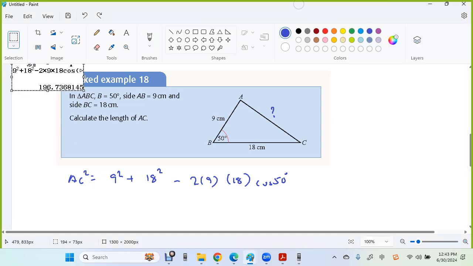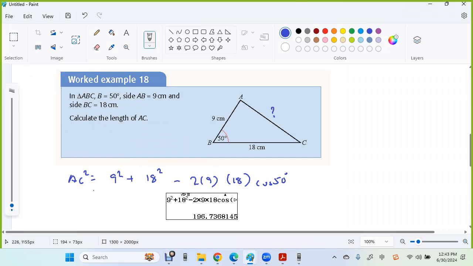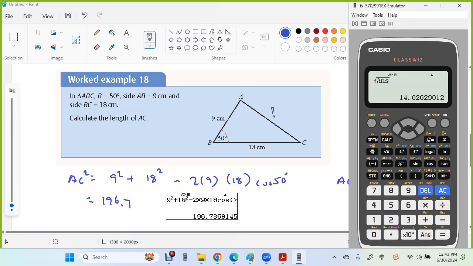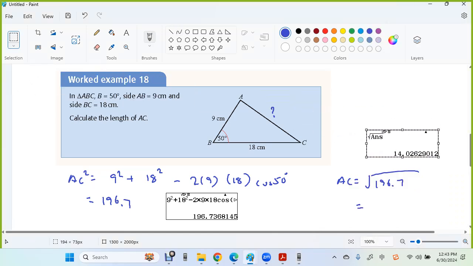Then it is 196.7. So AC will be the square root of 196.7, and the length of AC will be 14.0 cm. For this question, we have a side, angle, side, SAS.